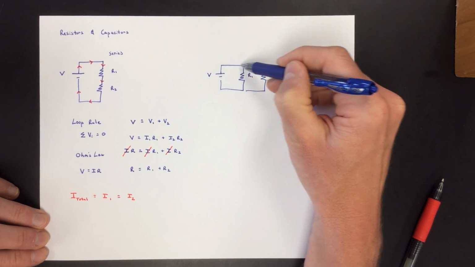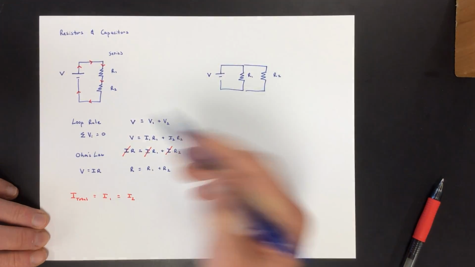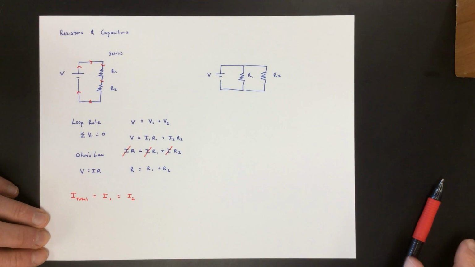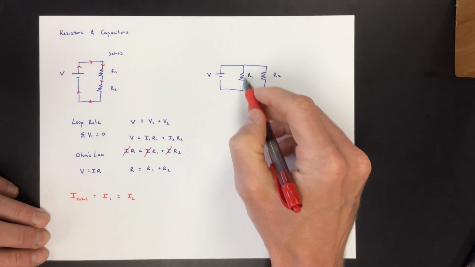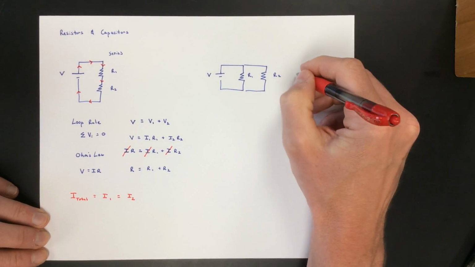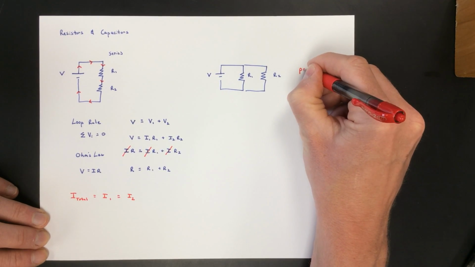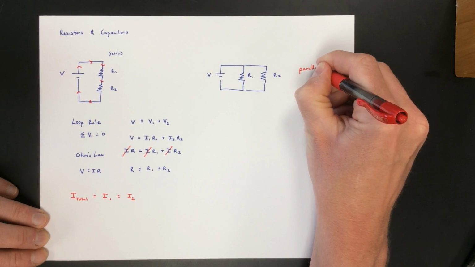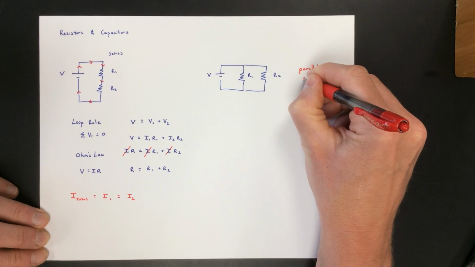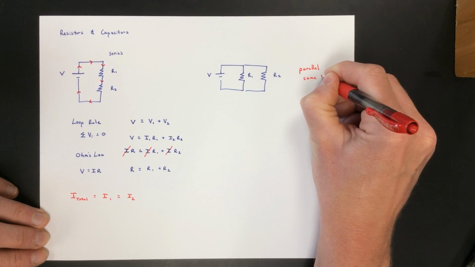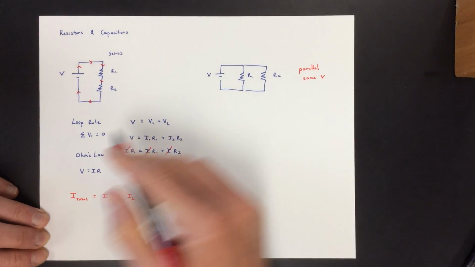But then that gain has to equal that loss. So what does it say about two things in parallel? And this is not unique to resistors. Anything in parallel has to have the same voltage, based on this loop rule.